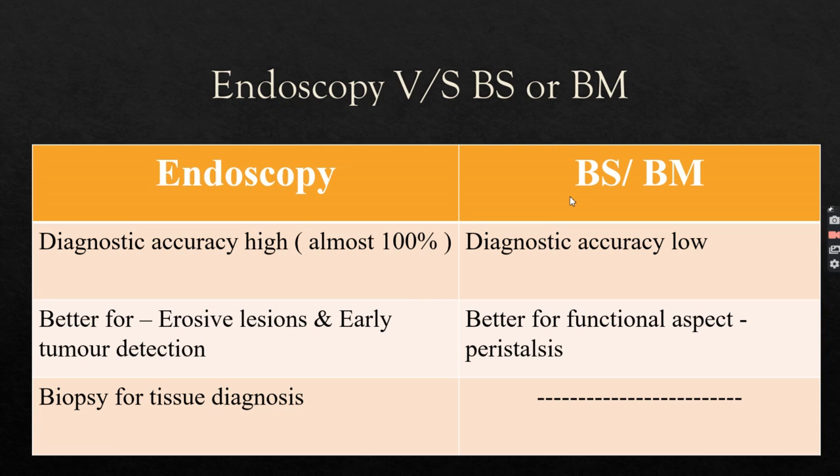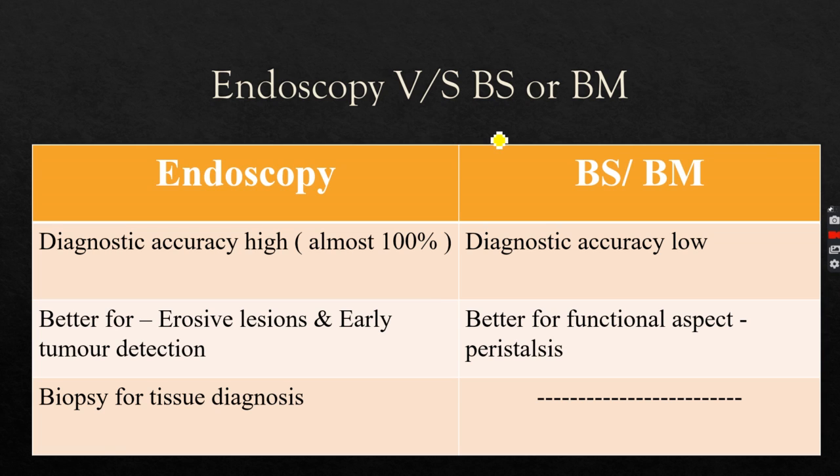The very important thing is this one, endoscopy versus barium swallow or barium meal. Which one is superior? Actually, both are important and both have a definite indication, but as far as diagnostic accuracy is concerned, the diagnostic accuracy of endoscopy is high, almost 100%. So whenever tissue diagnosis is required for diagnostic purposes, endoscopy is always preferable as compared to barium swallow or barium meal.